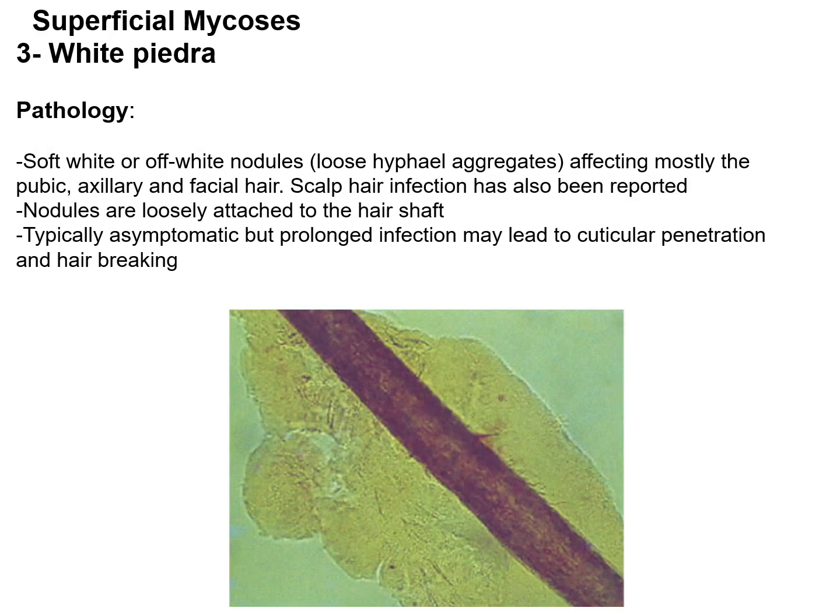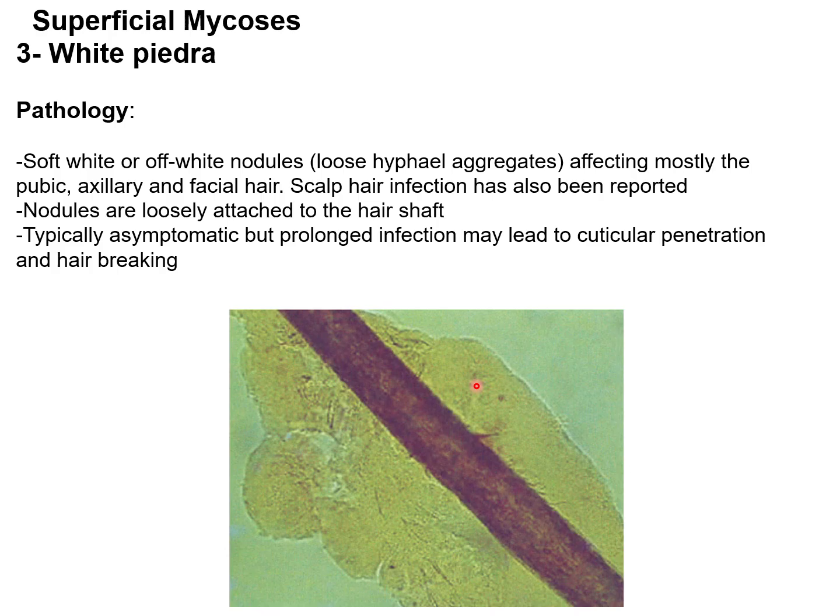The next two types of superficial mycoses are highly similar in their manifestations, and they are the white piedra and the black piedra. So starting with the white piedra, it refers to the presence of soft, whitish or off-white nodules on the hair shaft.